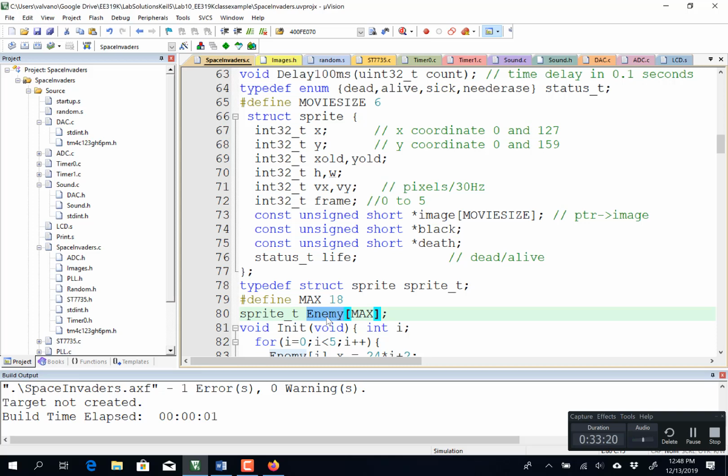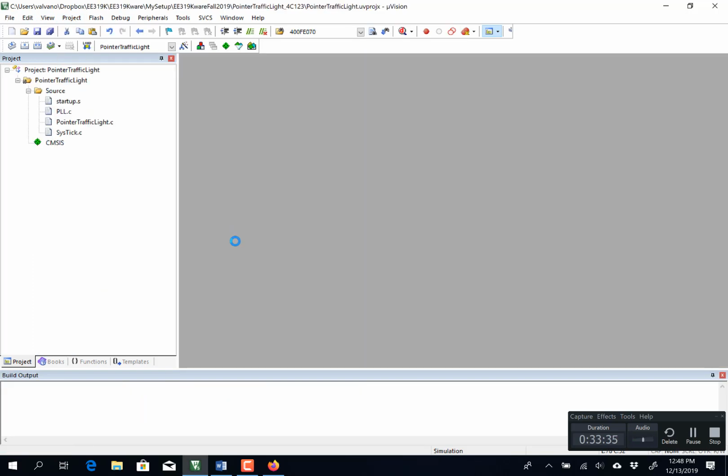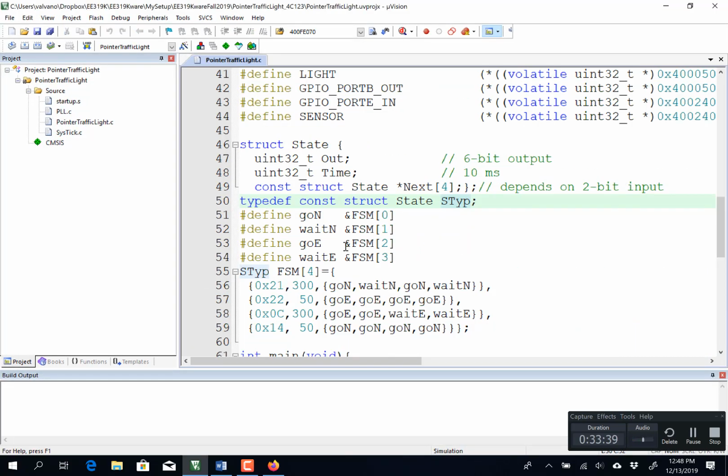You with me? I want you to focus right there on this line. How did I get this struct? Yeah, you see the const right there? That placed this finite state machine into ROM. Okay? That was the point I wanted.